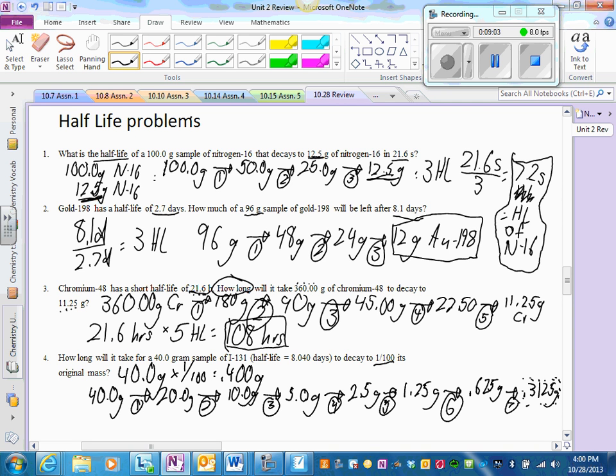It's not our final answer, but that is less than 0.4 grams. So it took between 6 and 7 half-lives to get us down to 0.4 grams.